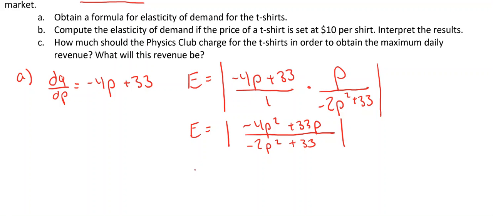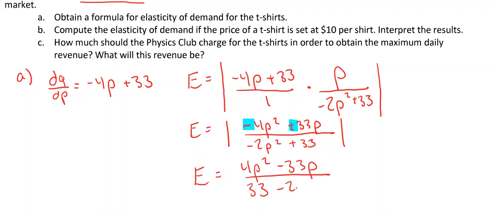So let's just multiply the numerator through by a negative. And so that just changes these signs. That becomes a positive, that will become a negative. So we will have 4p squared minus 33p over, and I'm going to reverse these so the positive term is first, 33 minus 2p squared. And there's my elasticity formula that answers part A.